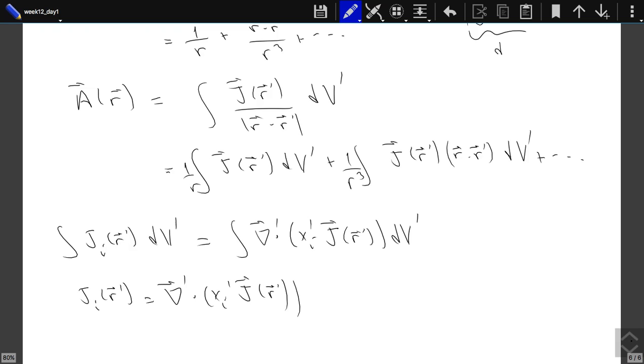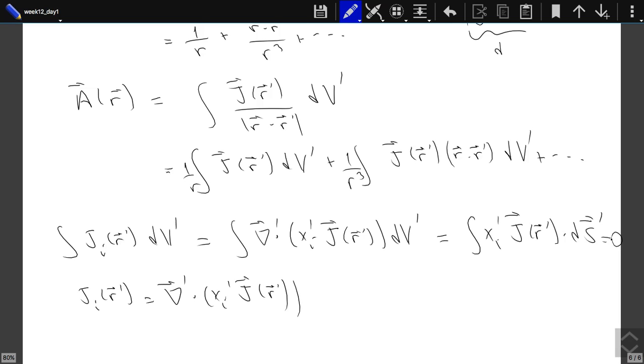If it's the divergence of some vector field integrated over a volume, this is nothing but the surface integral. But on my surface, there is no current. My surface is basically at infinity, and I started by assuming that j is just localized over here. There's no current outside. So this term is 0.